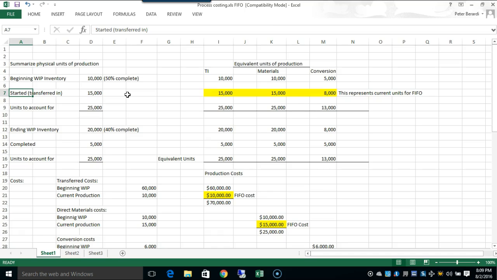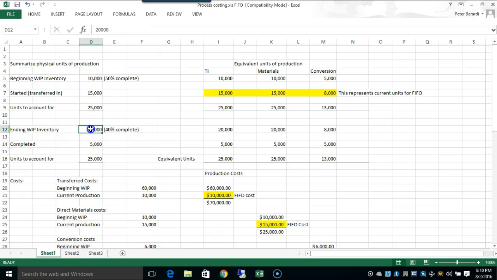So one department's finished good is another department's WIP and vice versa. That's why we have the term transferred in, and you'll see when I explain this column right here what that's all about. So transferred in was 15,000, so units to account for is 25,000.